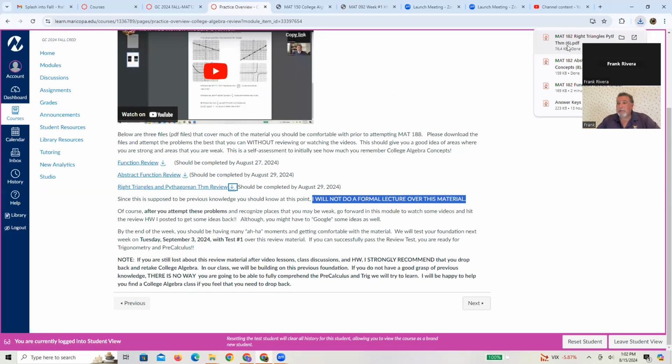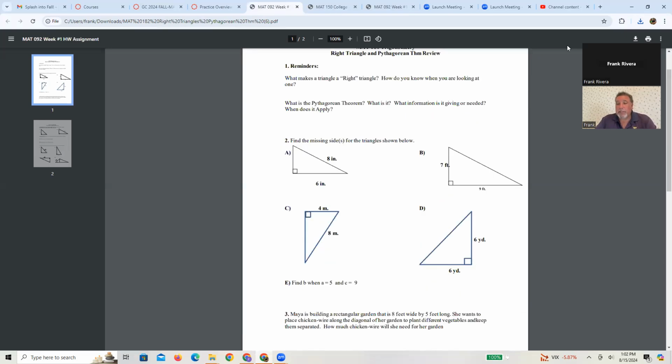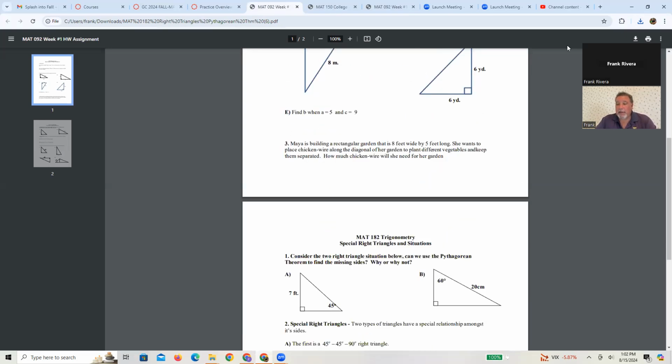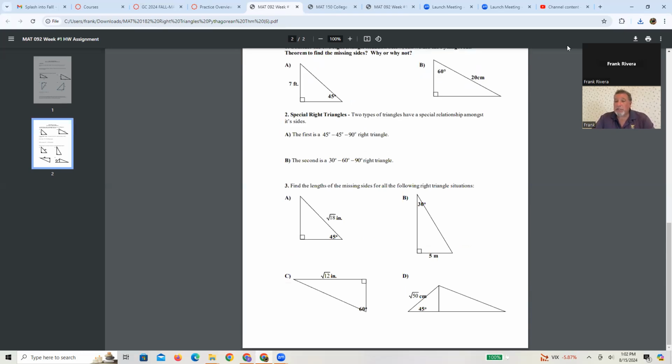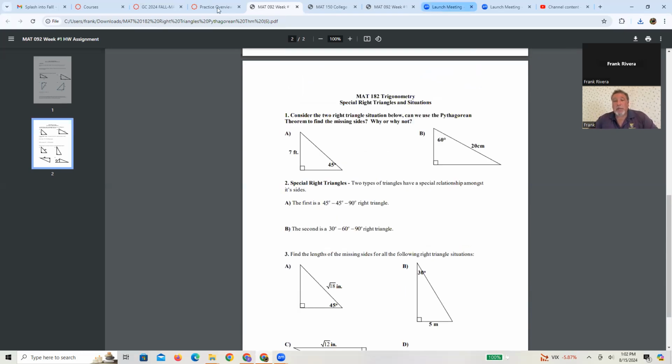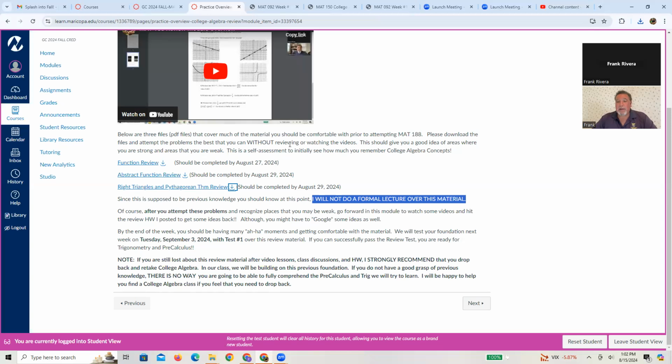All right. And so again, we go over that, what is the Pythagorean theorem? How does it apply? Some special situations that'll be important for us later on. All right. So basically your next move after seeing that is to go to the next page.